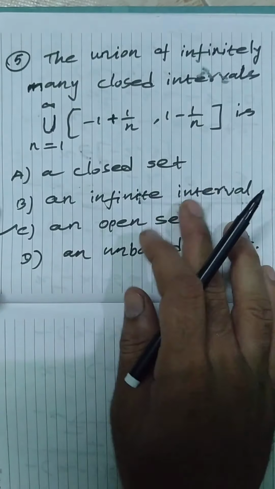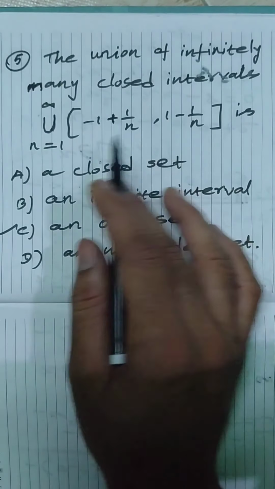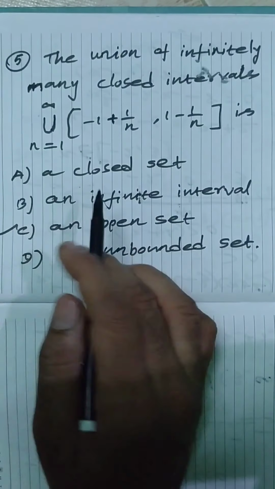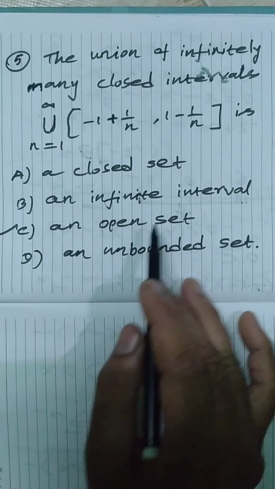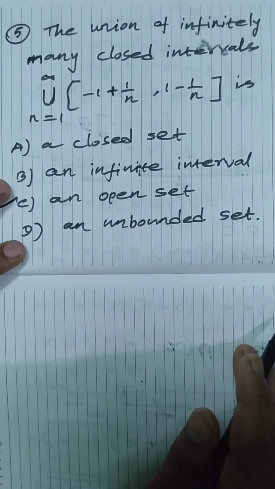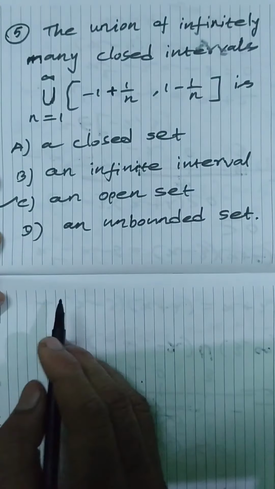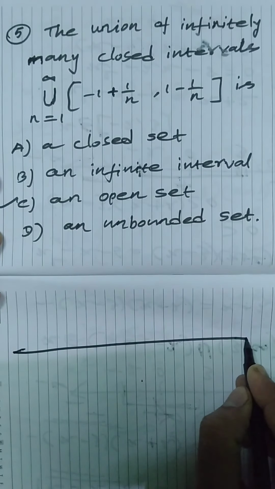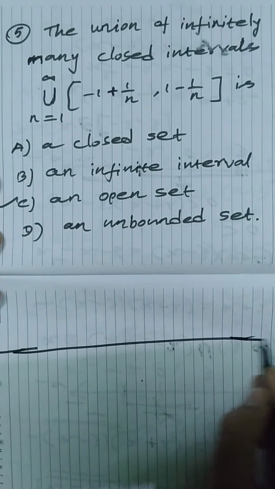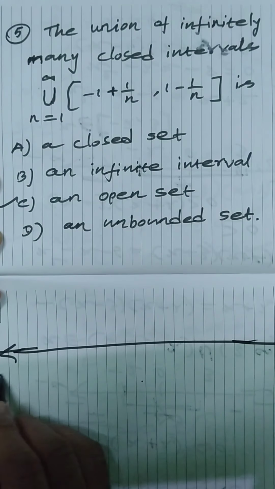But now let's work out this problem. 4 options are given: a closed set, an infinite interval, an open set and an unbounded set. So an interval is given to us, so let's take a real line and easily find out the correct option.